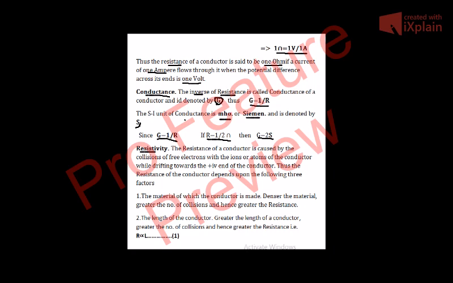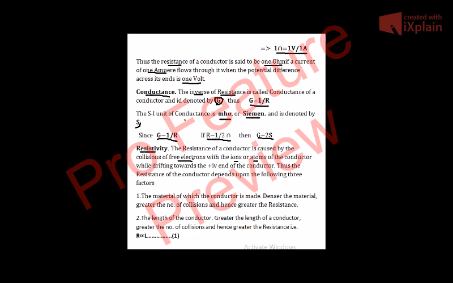Now let us first see the factors on which the resistance of a conductor depends. The resistance of a conductor is caused by the collisions of free electrons with the ions or atoms of the conductor. When the electrons flow from negative to positive end of the conductor, they collide with the atoms.